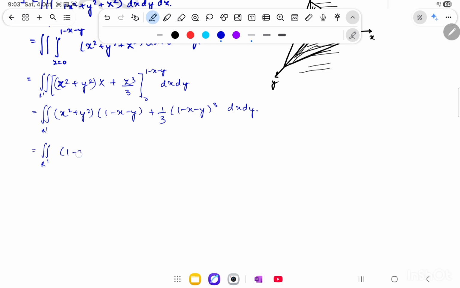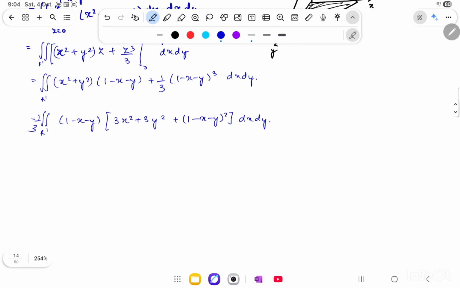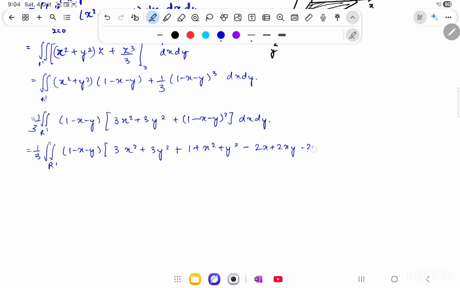I can pull out 1 minus x minus y from both these terms, so it will be 3x squared plus 3y squared plus 1 minus x minus y squared, and I can pull out this 1 by 3 outside the integration sign. So this simplifies to 1 by 3 integration over R dash of 1 minus x minus y times 3x squared plus 3y squared plus 1 plus x squared plus y squared minus 2x plus 2xy minus 2y, dx dy.